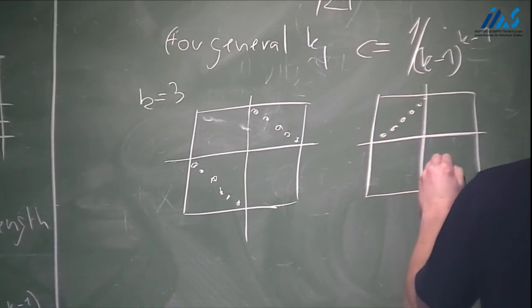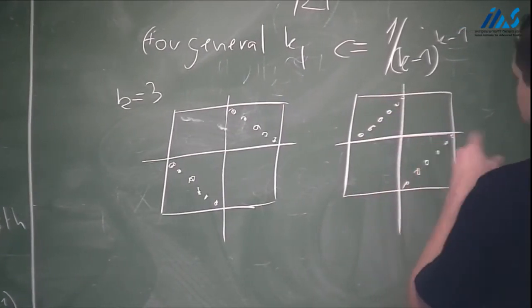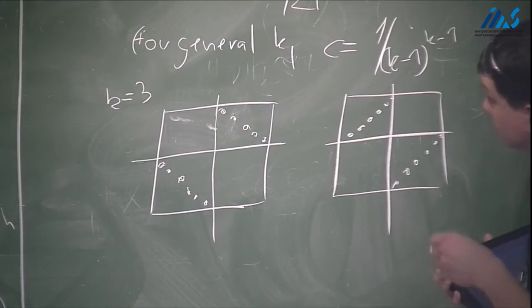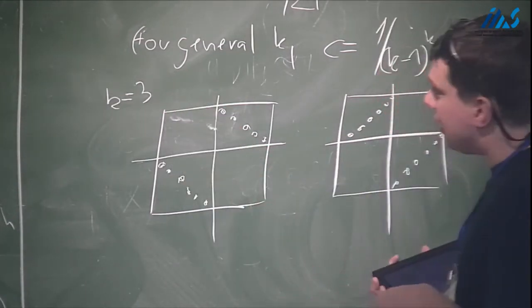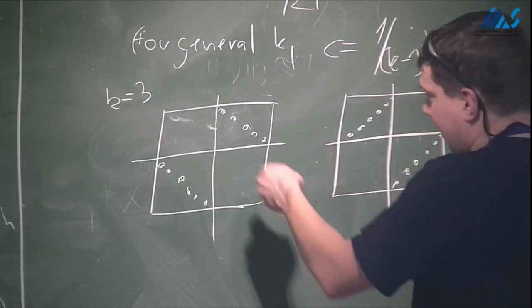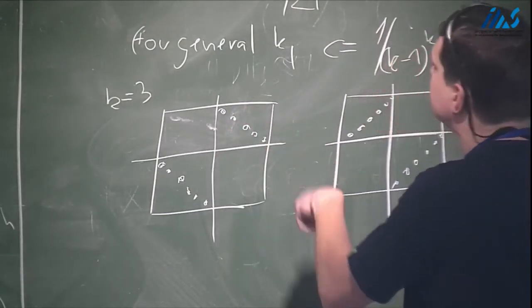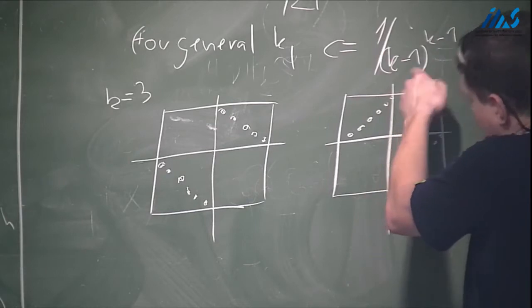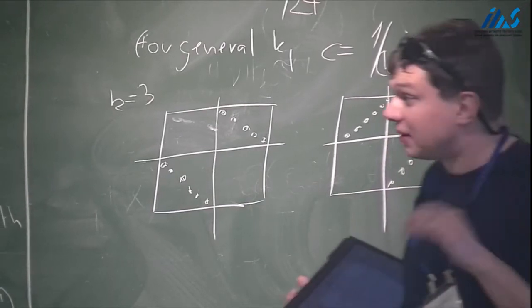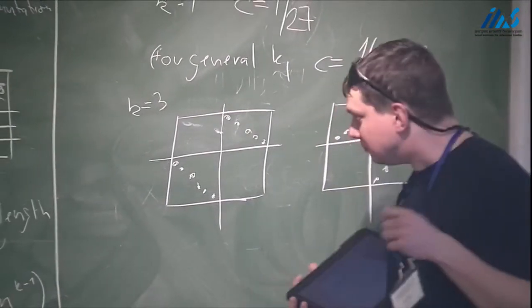So if I haven't messed it up, those should be the two pictures for k equals 3. And for general k, I would divide it into k minus 1 parts and do a similar picture. And then you probably see where this (k-1)^(k-1) comes from.